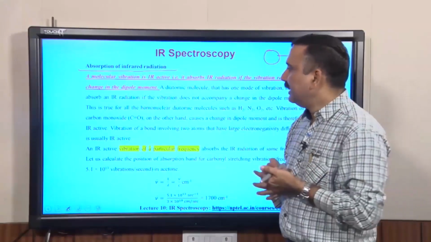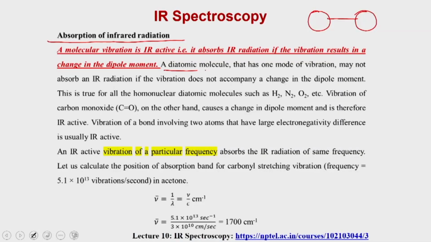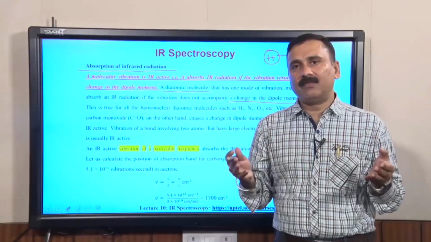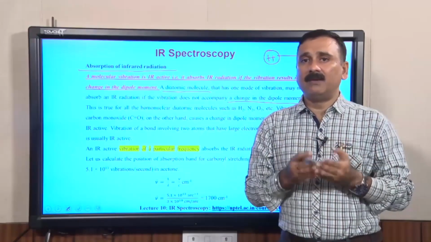The other condition is that even if you have a diatomic molecule, it should show a vibrational energy in such a way that there will be a change in the dipole moment. For example, if you have hydrogen and hydrogen, two atoms bonded by a single bond but both identical, even if they vibrate, there will be no change in the dipole moment.